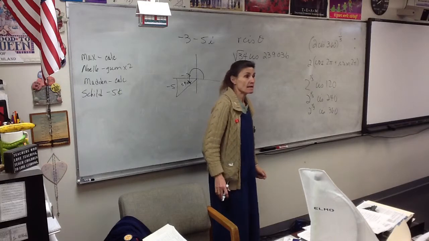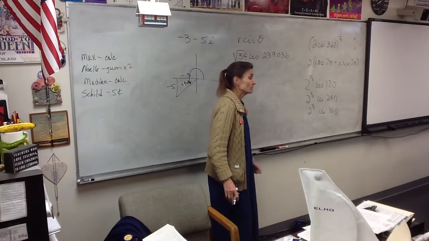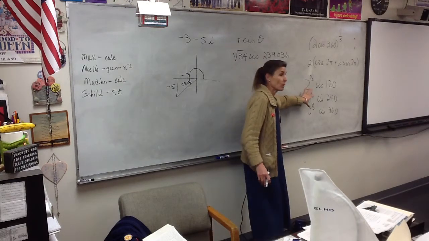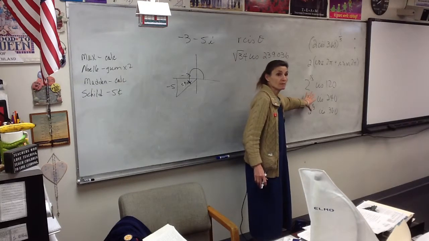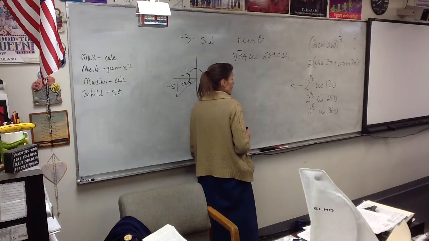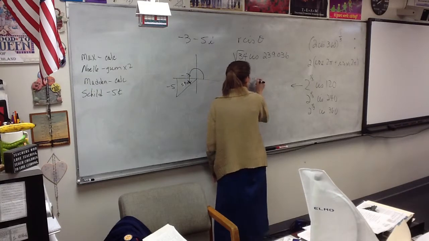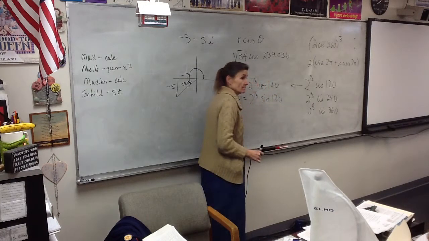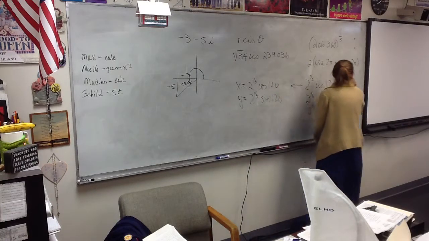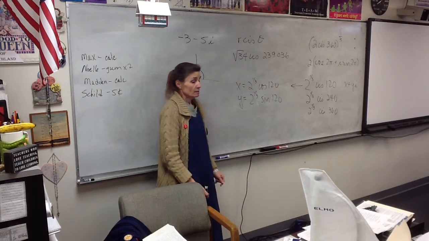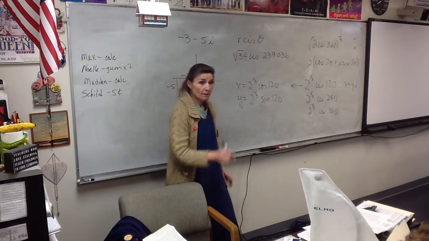If it had said answer in complex form, or rectangular form, or Cartesian form, then I would have to find the X and the Y. For example, if I were going to do that with this one, X would be 2 to the 1/3 cosine 120, and Y would be 2 to the 1/3 sine 120, right? And I would answer as x plus yi using this x and this y. Since the directions don't say to do that, I'm not going to do it.